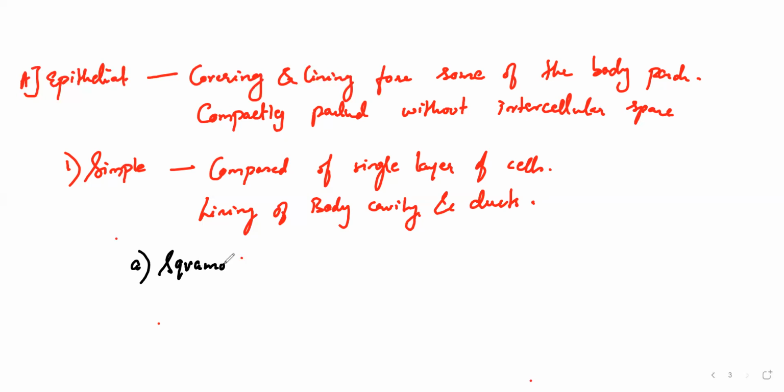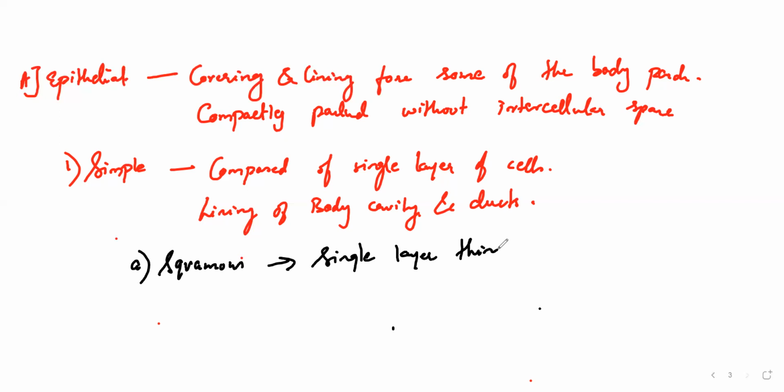Now the characteristic you can write same for all three: single layer of cells. So first one will be a single layer, which is thin, most probably a thin single layer.